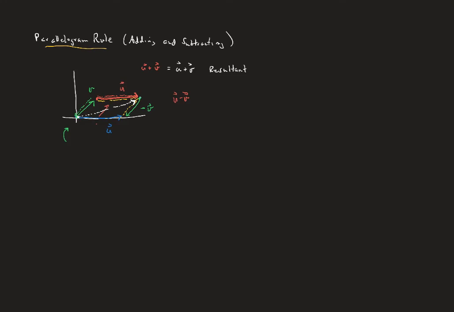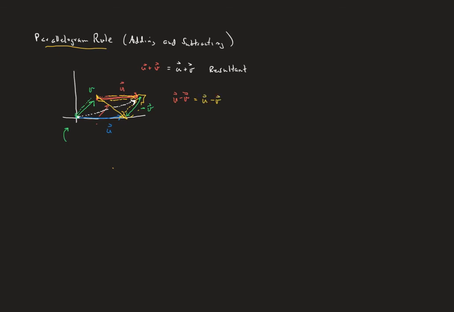And so now what I can do is, starting at the beginning of this copy of u and traversing it from u all the way through negative v, where it ends up is going to be the vector u minus v. So what I have drawn there in yellow is that vector u minus v.